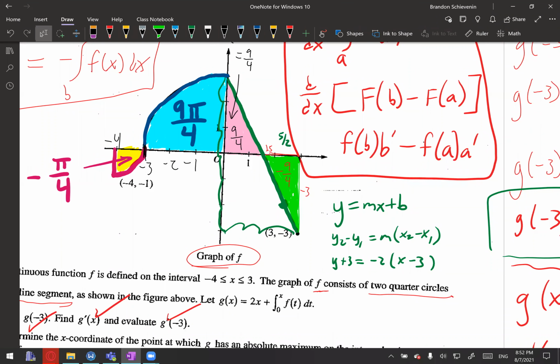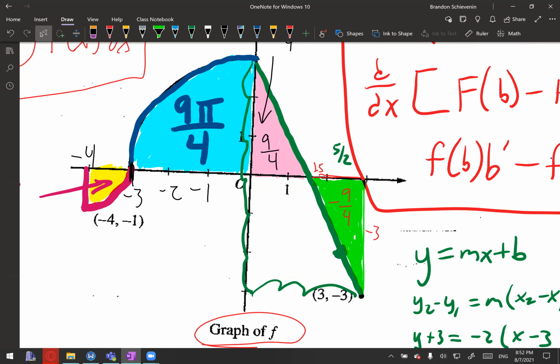Is it x equals 0? X is 0 is one of them. What's the other one? X equals -3? Perfect.